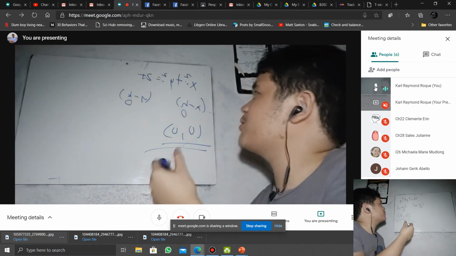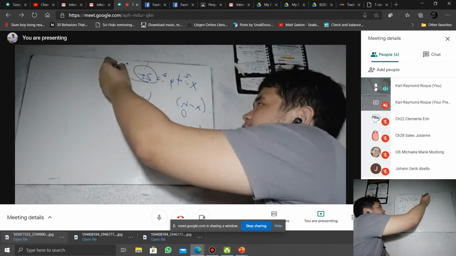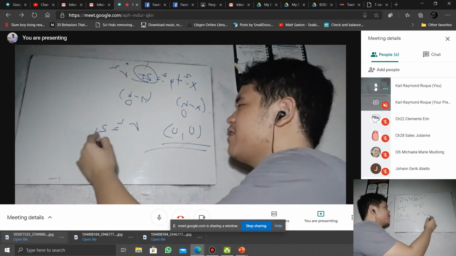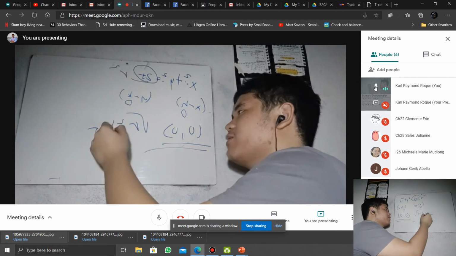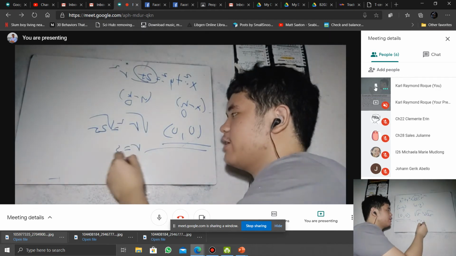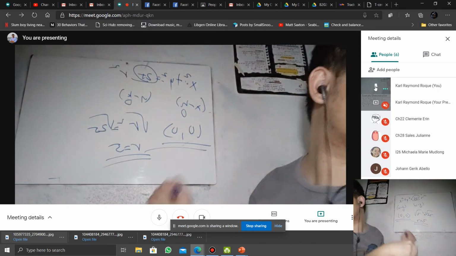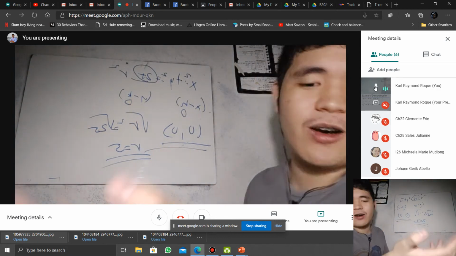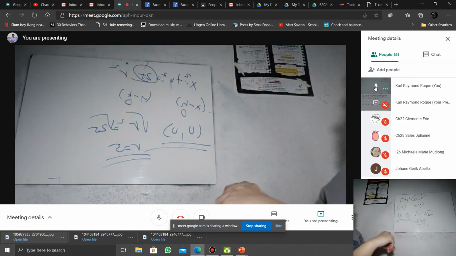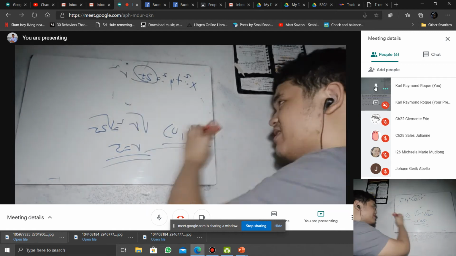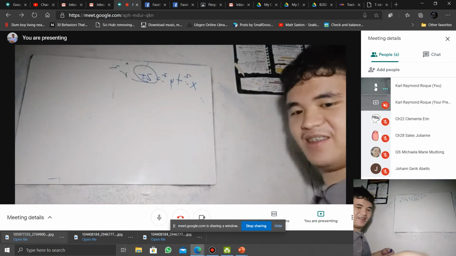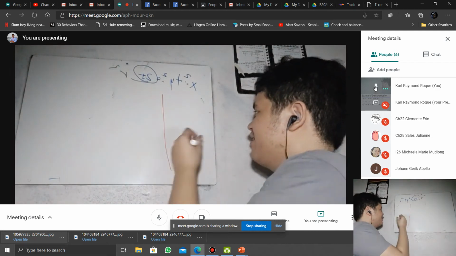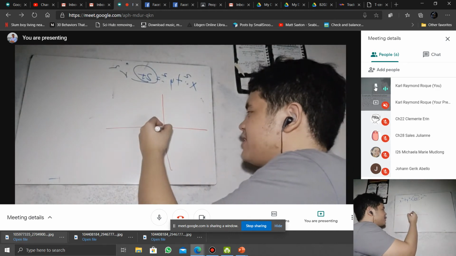What's the radius? r squared equals 25. We take the square root of both sides, r equals 5. Now I'm going to graph the circle. Let's say this is (0, 0).